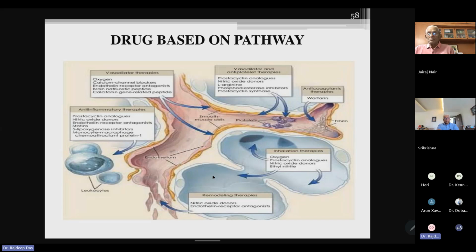The antiplatelet therapy modifies the platelets of the microcirculation, while anticoagulants like warfarin can maintain a therapeutic INR to prevent small emboli from forming. Inhalational therapy acts on the alveolar membrane, and remodeling therapies like nitric oxide and endothelin receptor antagonists also can be used.